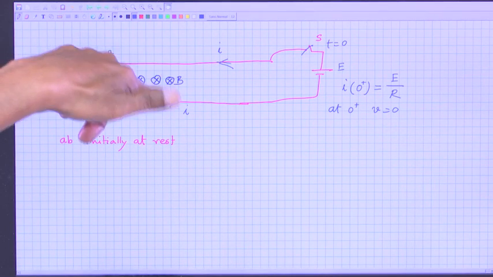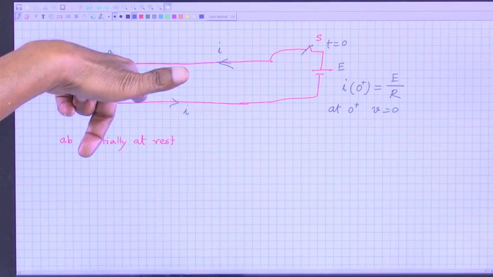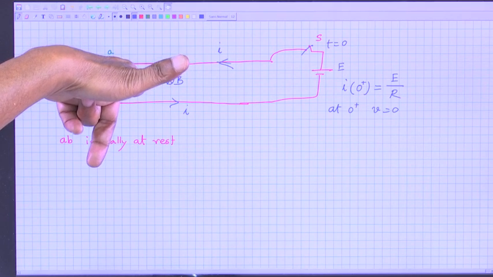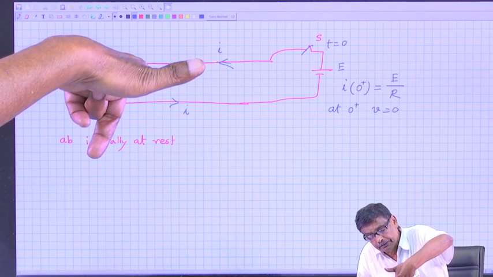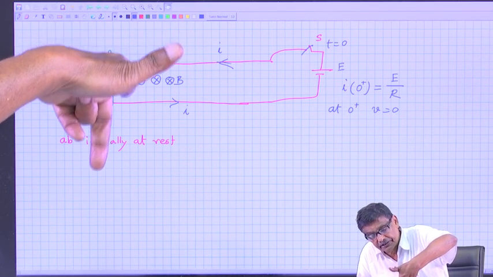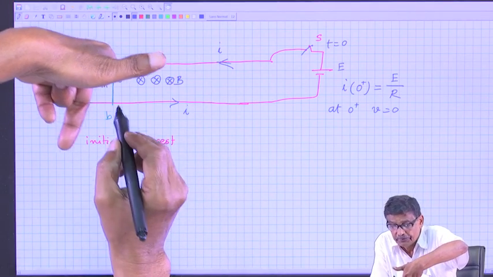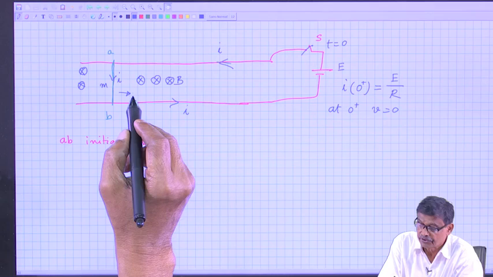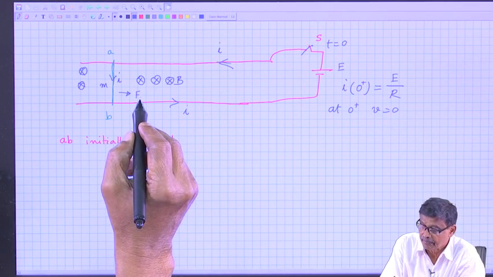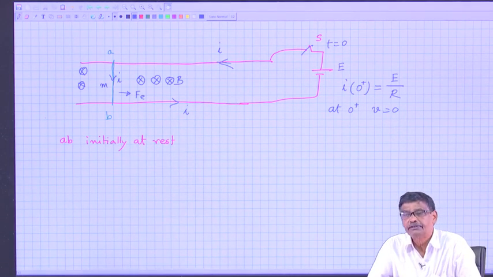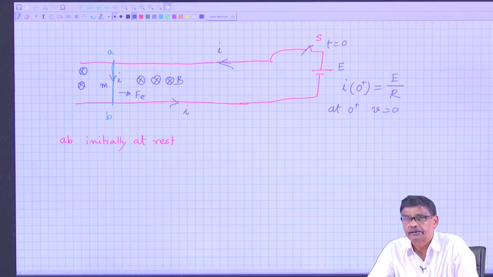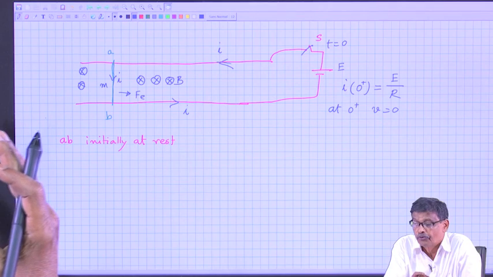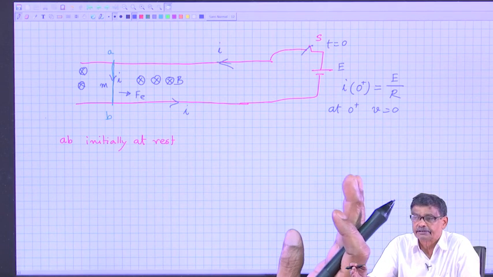So, you see this is B, this is the direction of I. So the thumb will give you the direction of force. This is called electromagnetic force experienced by the conductor, and the conductor in absence of any frictional force will try to accelerate.